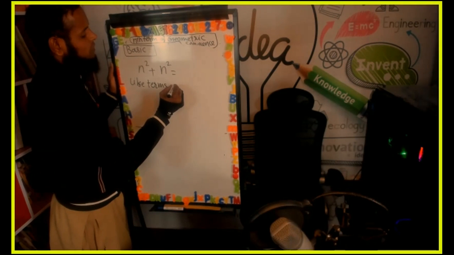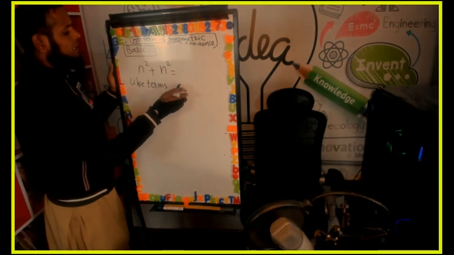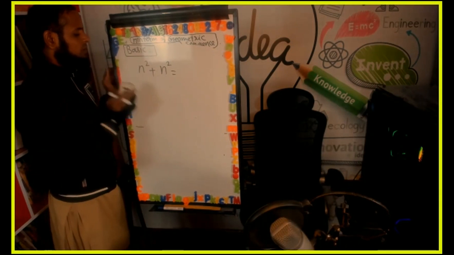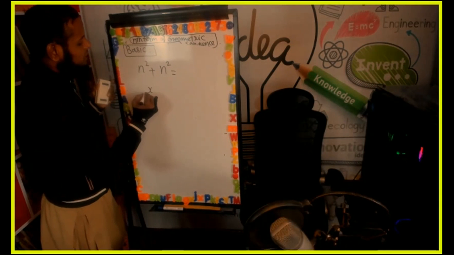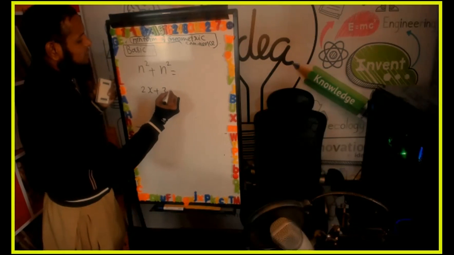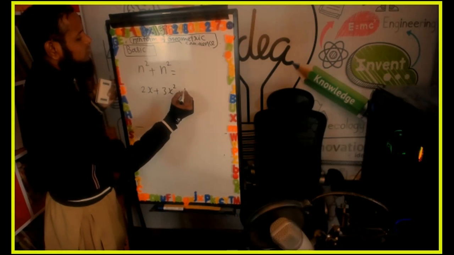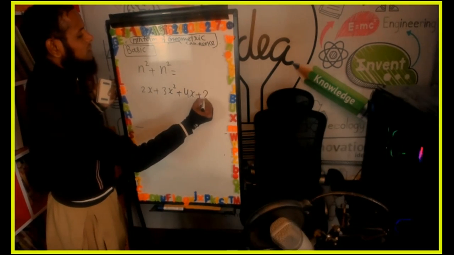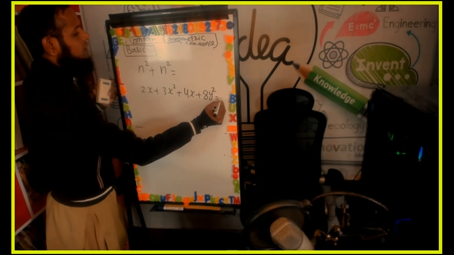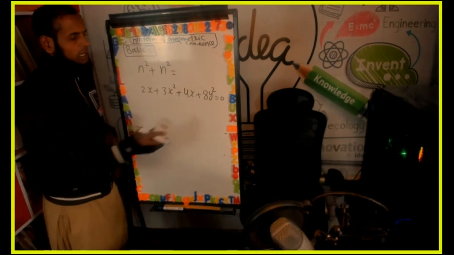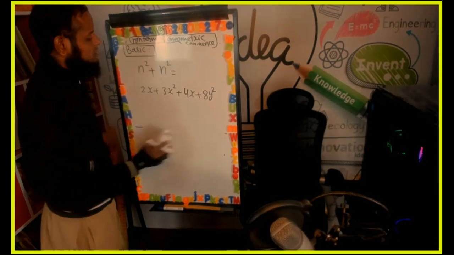Like terms are terms with the same variable and same power. See here, if this is x square, 2x plus 3x square plus 4x plus 8y square, is equal to 0 or anything. It is an algebraic expression.